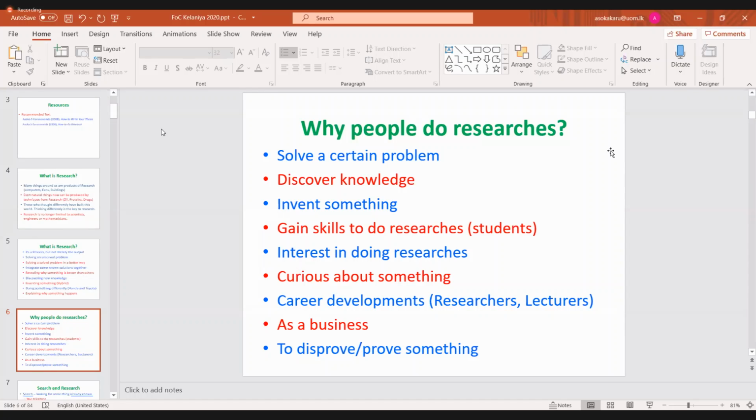So for certain subject areas, research is a must if people want to go up the ladder. If you need promotion and so on, you need research. Therefore, such people are doing research.